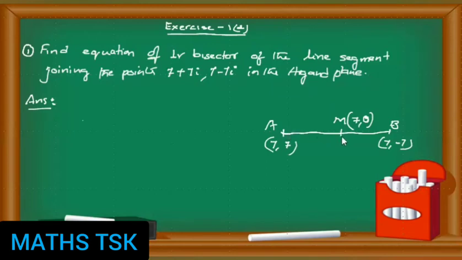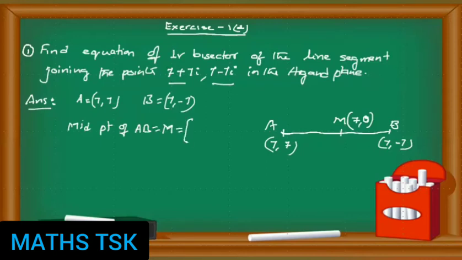Through diagrammatic representation we can answer, or else let A and B be the 2 points. 7 comma 7 is A, 7 comma minus 7 is B. Let us find the midpoint of A and B. Midpoint of AB is M, which is (x1 plus x2) by 2 is 7, (y1 plus y2) by 2 is 0. So that is the midpoint of A and B.